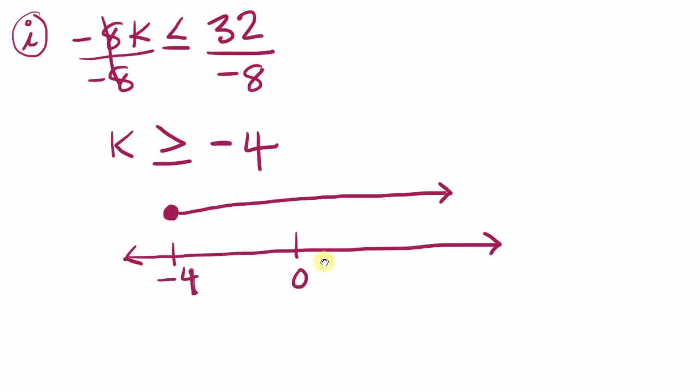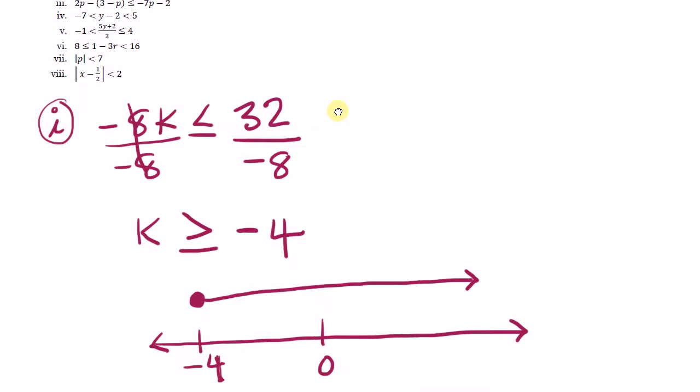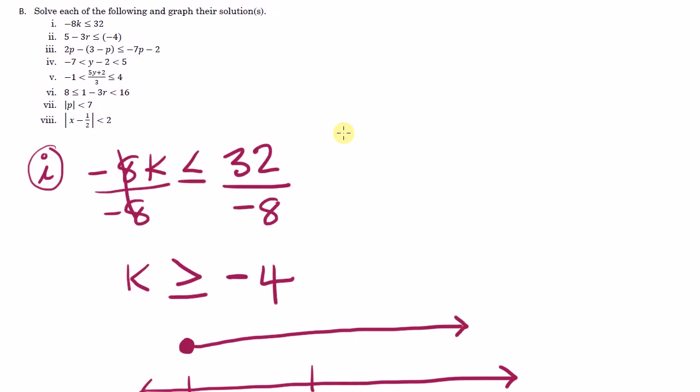Now, what I like to do, because it's very easy to mess this up, is I want to test a value. So do you see how 0 is to the right? And I'm saying here that 0 is a solution to this inequality. So what I do is I go up here and plug in 0 into the equation.